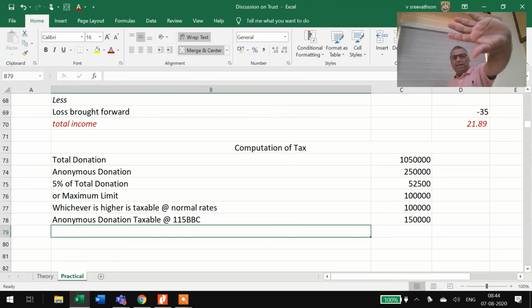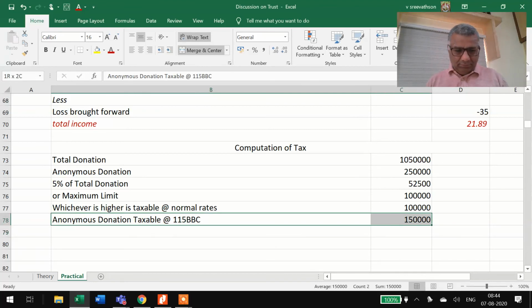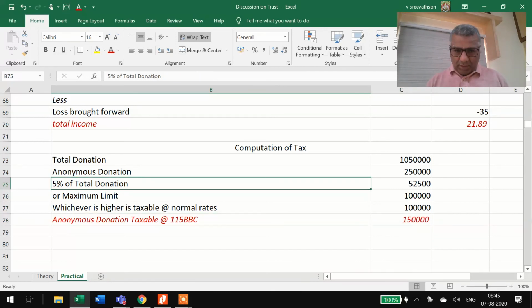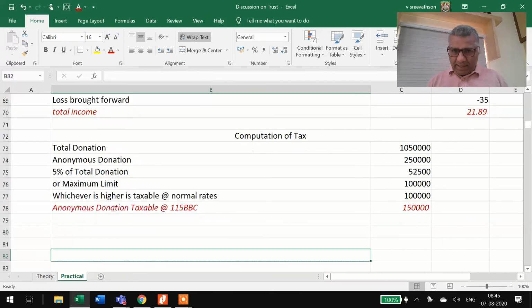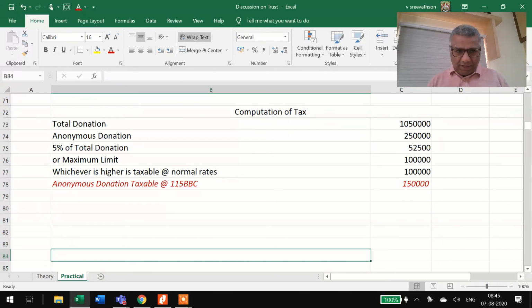That will be taxable at normal rates. The remaining anonymous donation is taxable only at the special rate. Wait till I complete so that you are very clear.